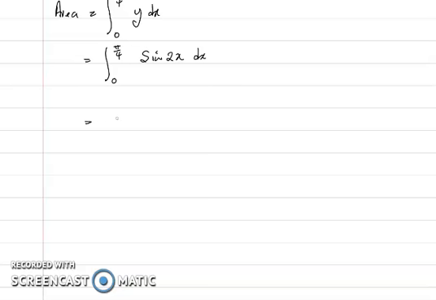So this is minus cosine 2x. And of course, you have to divide by the differential of the inside function, which is 2. And the limits are 0 to pi by 4. So next, we can pull out the minus a half. So we have minus a half here.